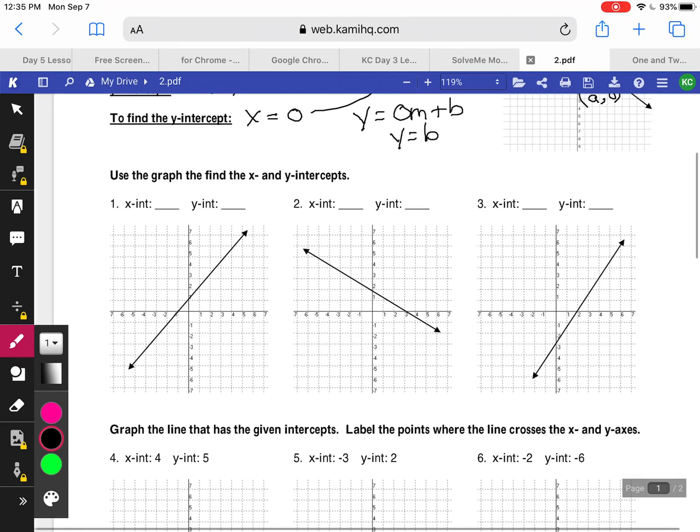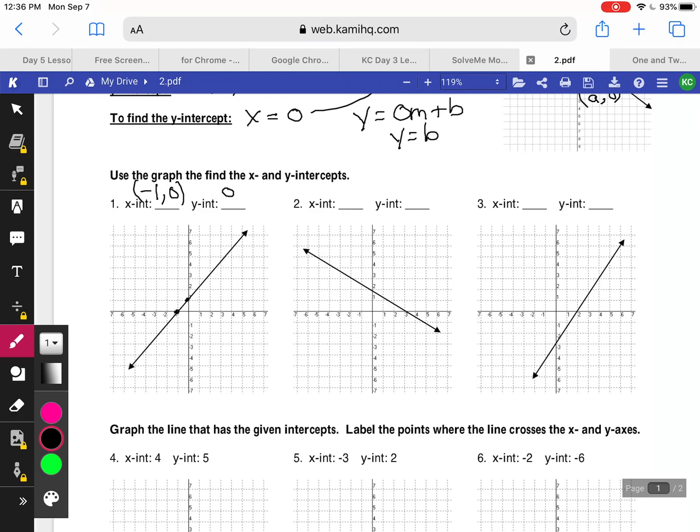So the first thing we're going to look at is when we are given a graph, can we find the x and y intercept? So in number 1, looking for that x-intercept, we can see it's crossing the x-axis at -1, and the value of y is 0. And for that y-intercept, it is at 1.